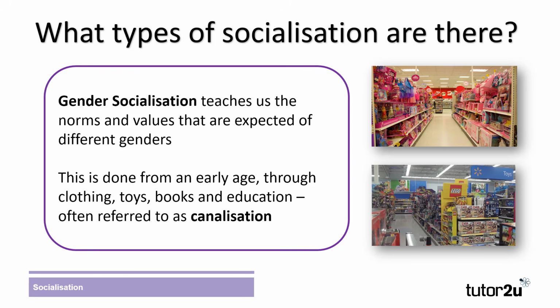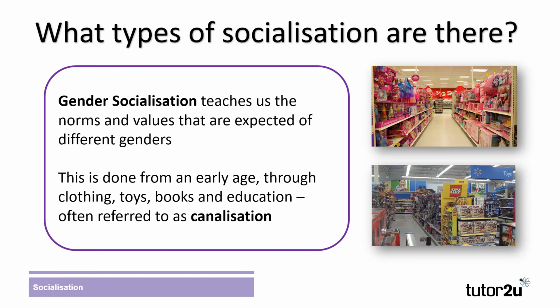Another important form of socialization that you will encounter in your studies is gender socialization. Gender socialization is the process of learning the norms and values that are appropriate to your gender. This is done from an early age, with boys being dressed in blue and girls in pink, the separation of boys and girls' toys and books, a process described as canalization, to try and shape individuals into their gender appropriate roles.